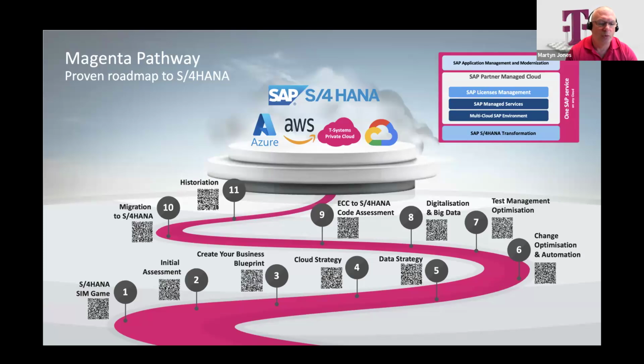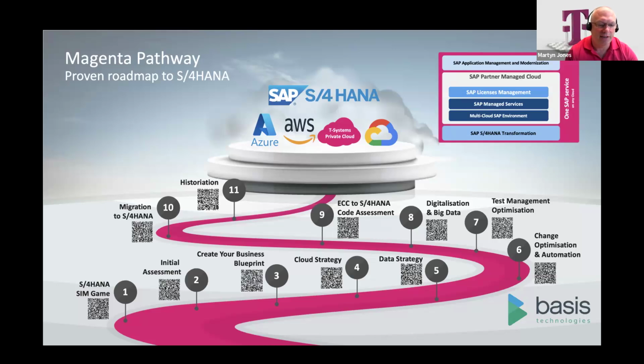Again, we work with Basis Technologies quite a lot. They've been working on their areas for over 20 years, so it makes sense for us to use that capability and bring that into a solution for our customers. As you can see, all of the options here have a QR code.